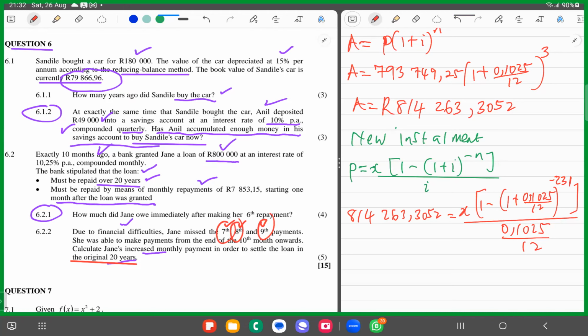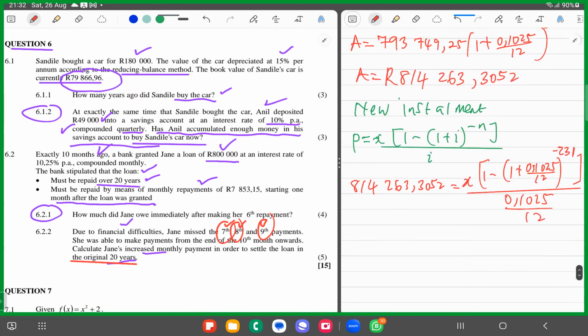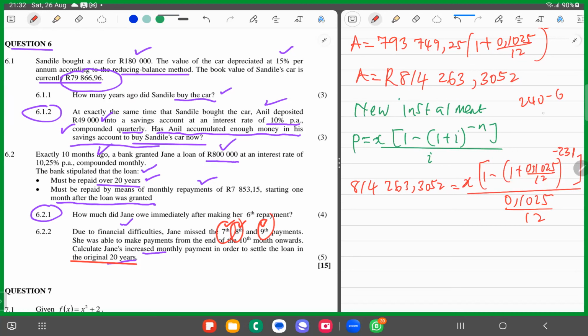So the 3 payments that were omitted will lead us to 231, because you remember that we had 240 altogether. And then from 240, you minus 6 of the payments that are done successfully. And then that gave us 234.